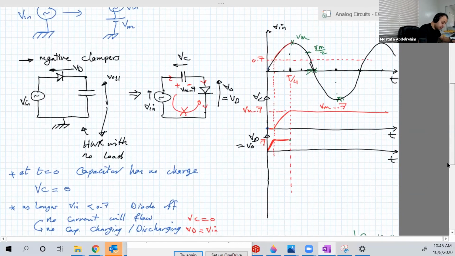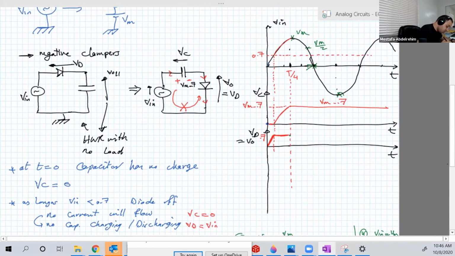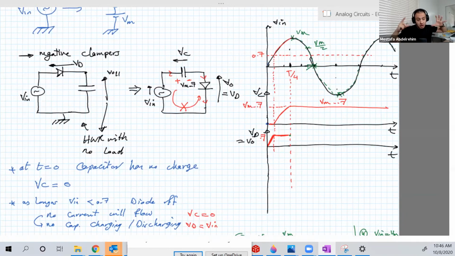Okay. So basically, we will take that part here, that signal, and we will move it down by a shift equal to Vmax minus 0.7.